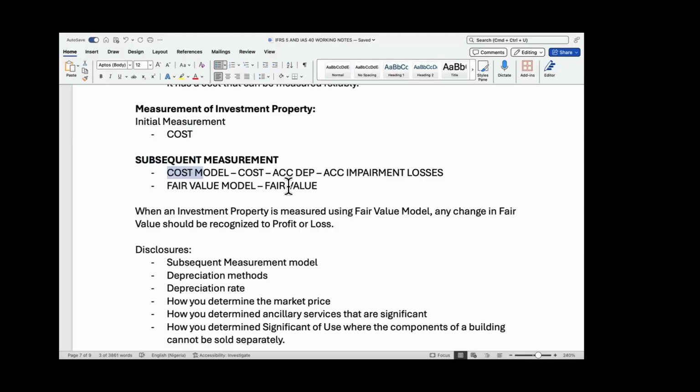Fair value model is simply fair value, which goes to show that when you measure an investment property using the fair value model, depreciation will not occur. You will not depreciate that asset because it's simply measured at its fair value.